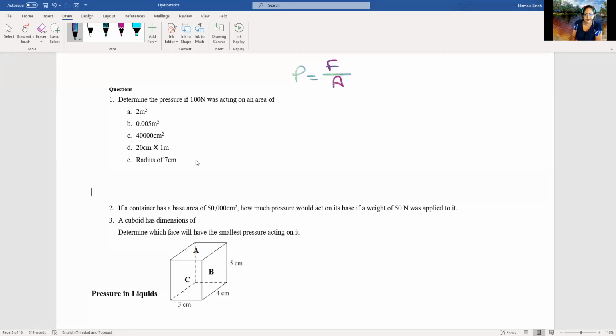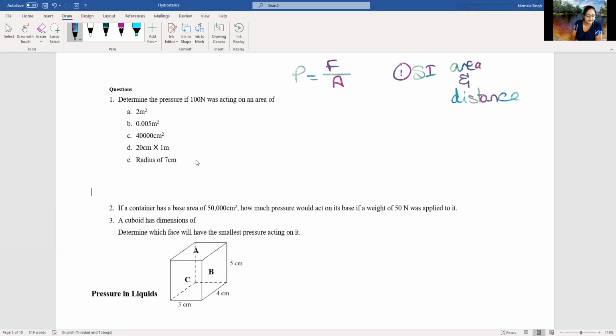So please note, step 1, when you're doing these questions, make sure you use SI units for your area and distances.